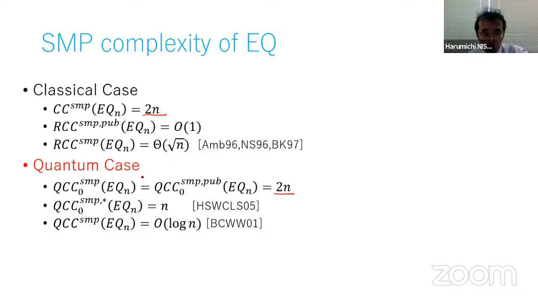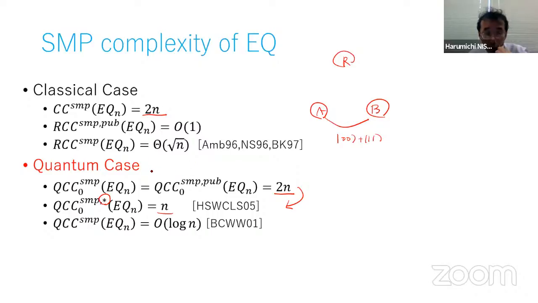On the other hand, if we consider shared entanglement, in this case Alice and Bob have shared entanglement like this. We can reduce the communication complexity by half, to n/2, using something similar to dense coding.